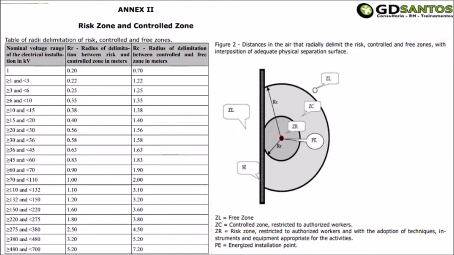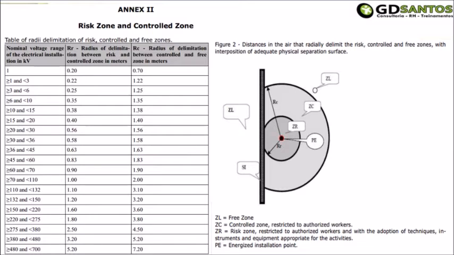We'll now see an example of an electric transformer of 13.8, which in Brazil is known as trafo 13.8. Electrical transformer 13.8, 13,800 volts. Where can we find it in this table?